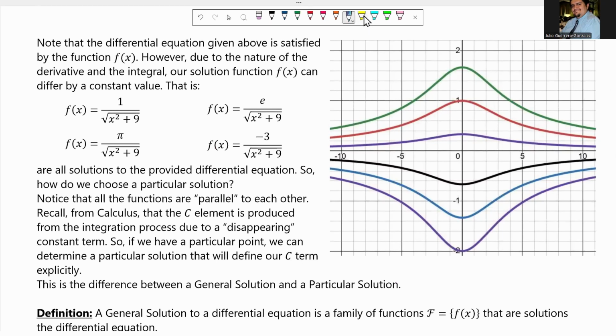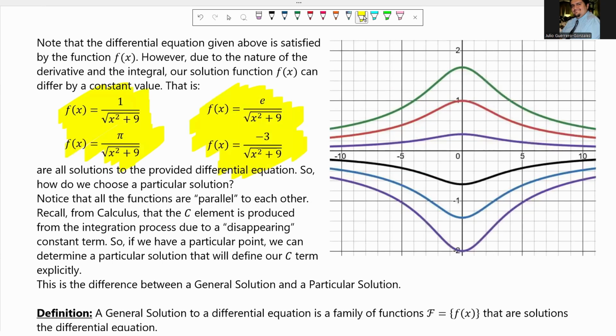All of these, every single one of these 4, at least that are written right here, and many more. It is not limited to just these 4. That c value, like I said before, could be whatever it wanted to be. Each and every one of those f of x's with a different c is a solution to my differential equation.